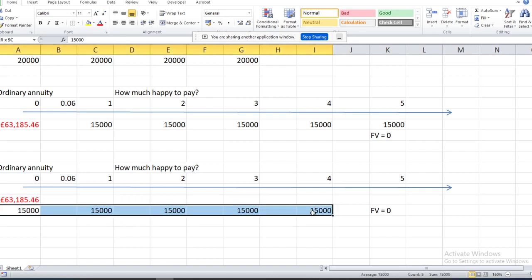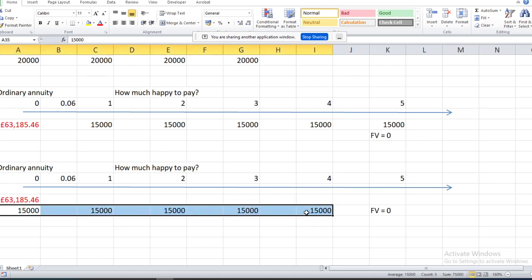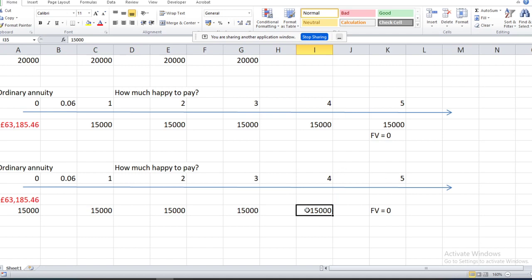There are still 5 regular payments. Even though the last payment happens at the end of year 4, NPER is still 5, because there are 5 regular payments. It's just that the 5th payment is made at the beginning of year 5, which is kind of the same as the end of year 4. So this is actually annuity due. Let me rename it: this is an example for annuity due.